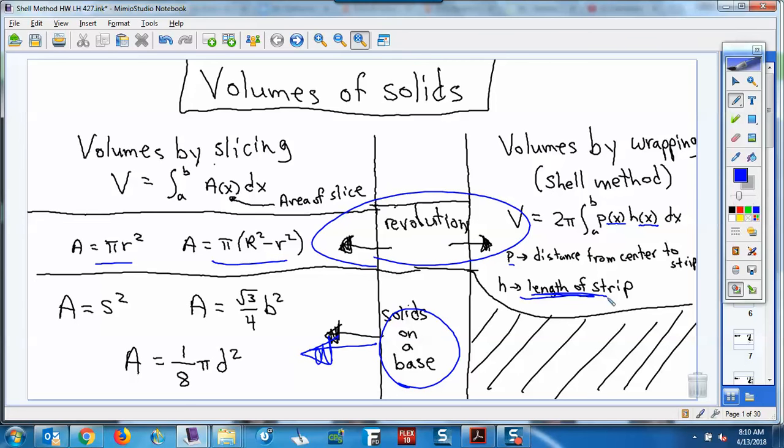But H, whenever you're revolving that region, your shell is in the region, so that strip is always in the shaded region. And then P is just the distance from the center to the strip, and that always looks like X minus 5 or 3 minus Y.